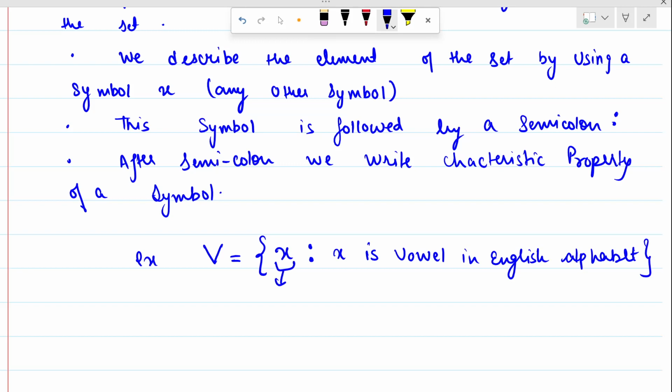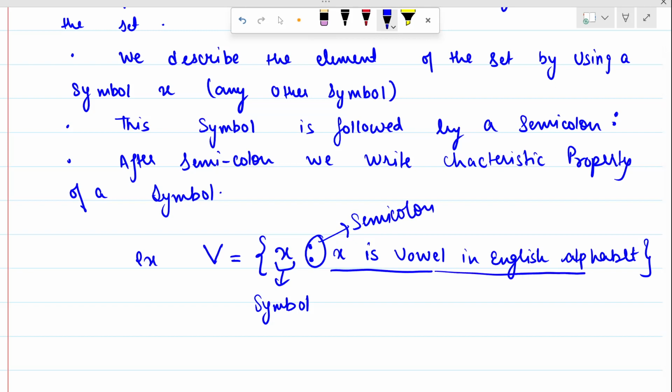So this is a symbol, and this is a semicolon, and this whole description is a characteristic property of X.